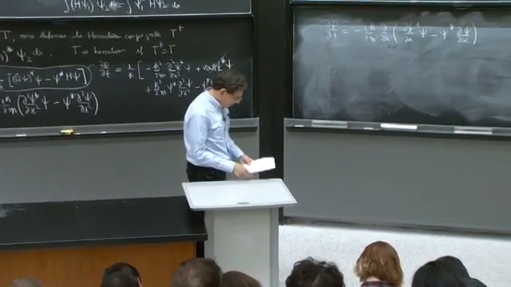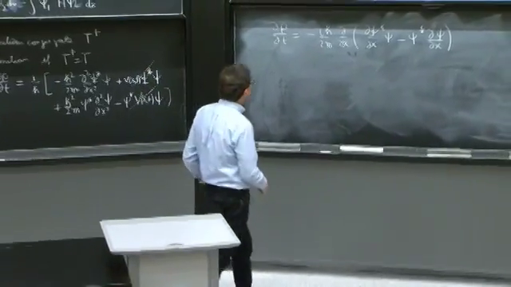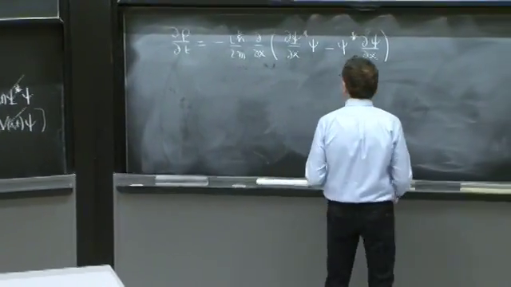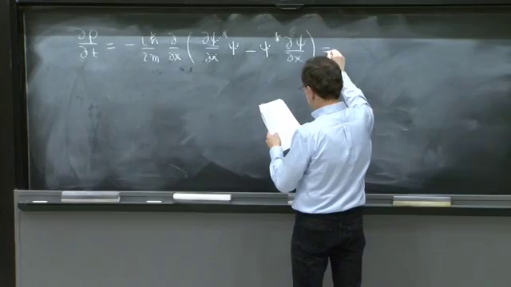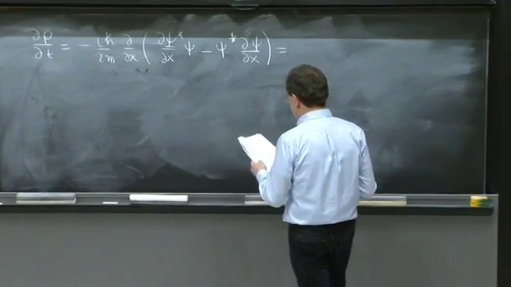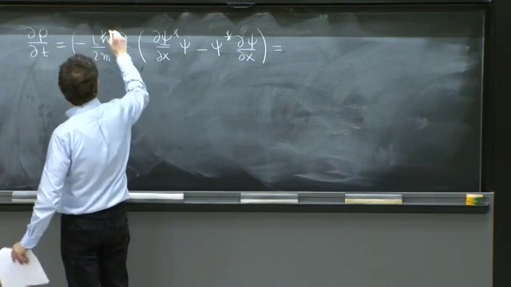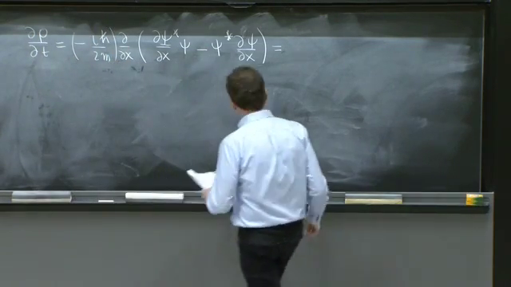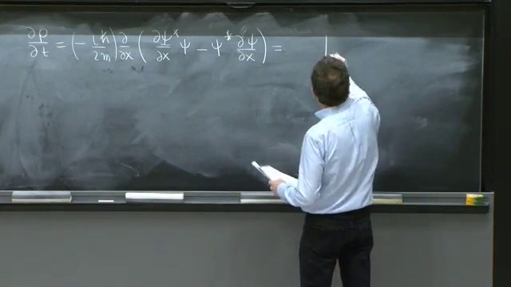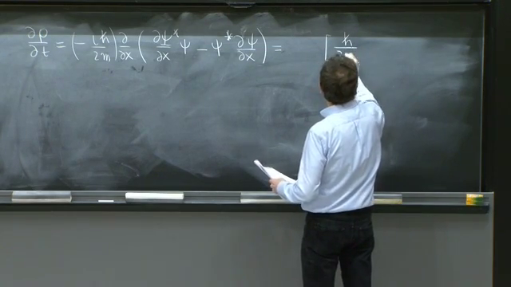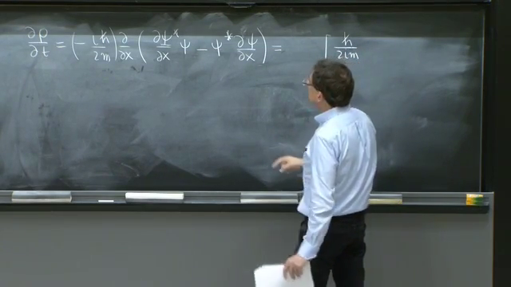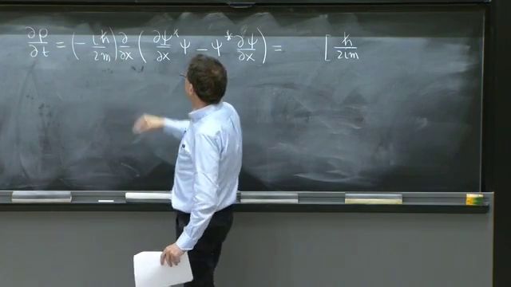So we're going to rewrite it a little more. I'll write it in the following way. This whole factor is h bar over 2im. That's with its sign.